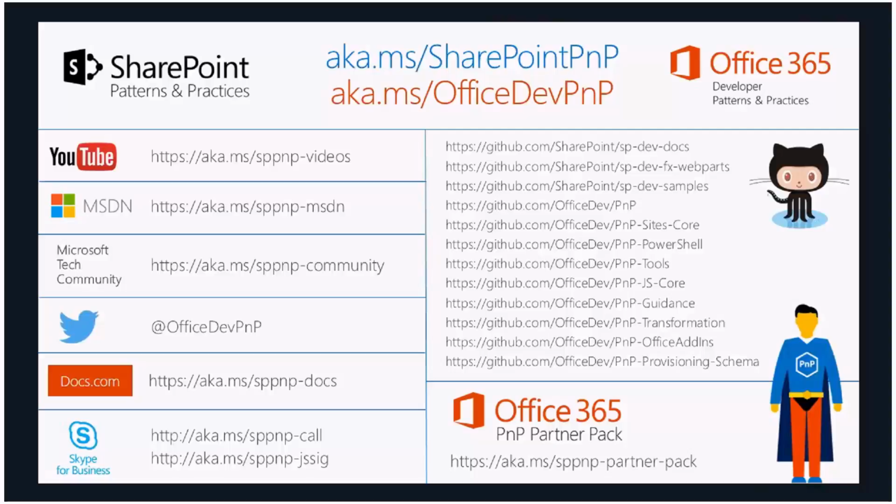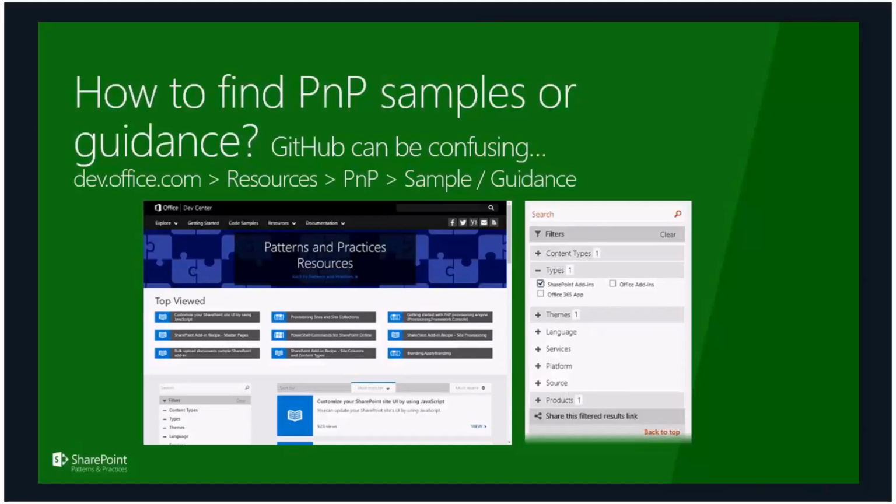Good. Moving on with the presentation. One of the things we always want to go through within these calls and videos is how you find what's relevant from a PnP samples or guidance perspective. GitHub access might be highly confusing because we have a significant amount of individual samples in folders and multiple repos.